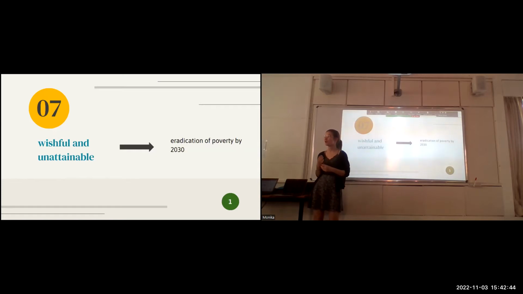I'm pretty sure we won't achieve that, which also goes back to the fact that they don't actually have a plan. Another example of how it's not achievable is Bangladesh, because they want to become zero carbon emission by 2030 as well. Also, as I mentioned already, there's a problem of funding and an actual action plan.